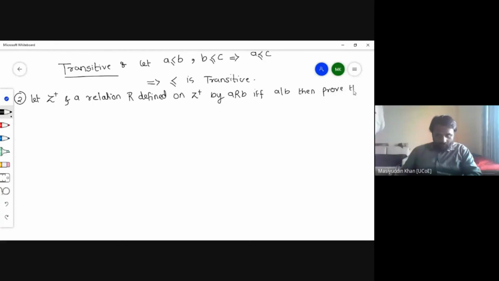Then prove that R is a poset, a partial order relation. So instead of partial order set or partial order relation, Z plus with the division symbol is a poset.